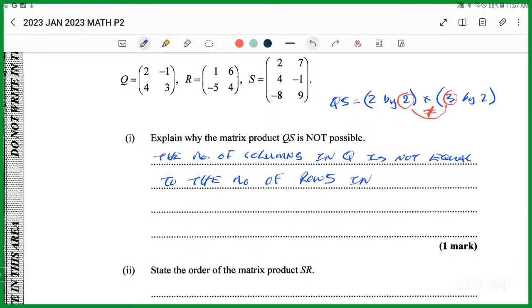In this case, the second matrix is S. That's the answer right there for the 1 mark. And we want the 1 mark.